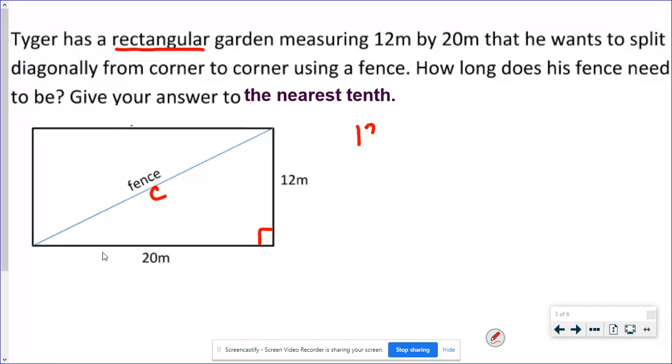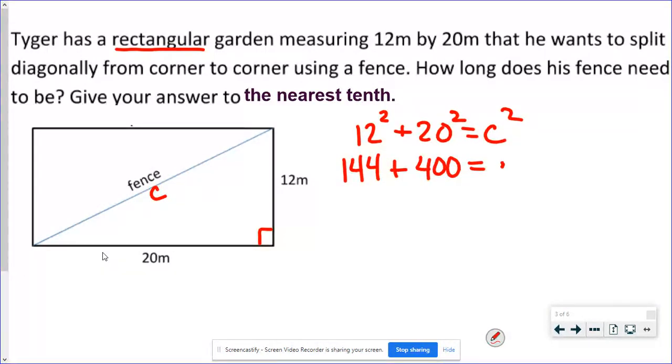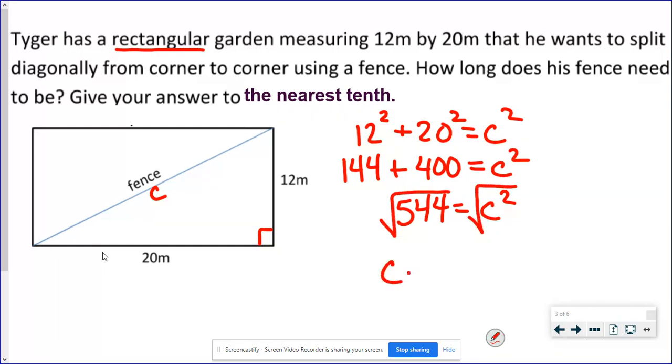So I would have 12 squared plus 20 squared equals c squared. 12 squared is 144. 20 squared is 400. And then when I add those, I would get 544, which is not a perfect square. So we're going to need to take the square root on both sides and use a calculator. Again, only looking for the positive answer here.